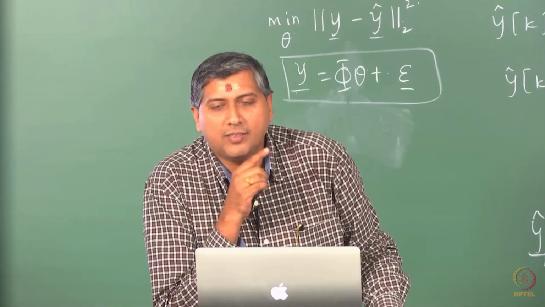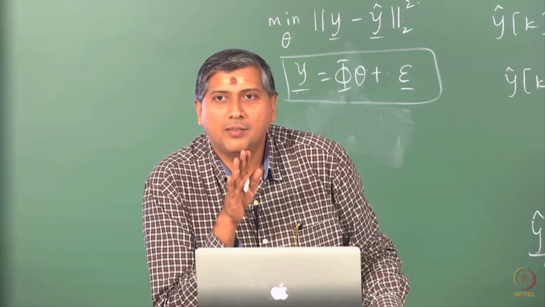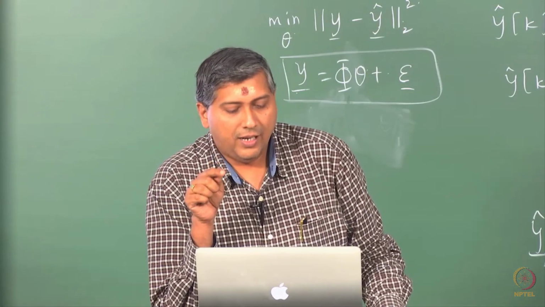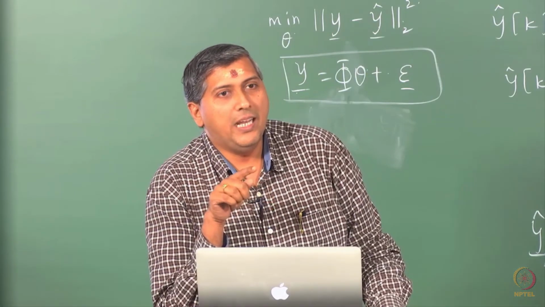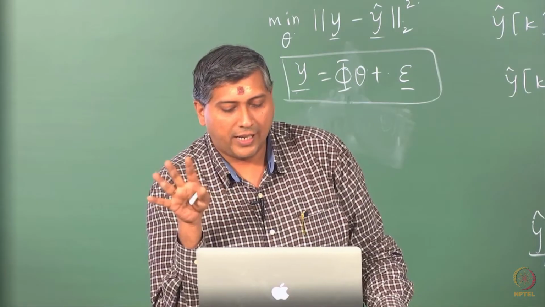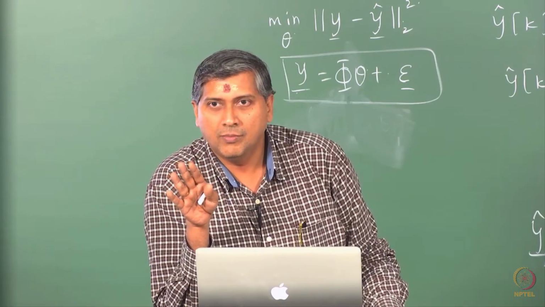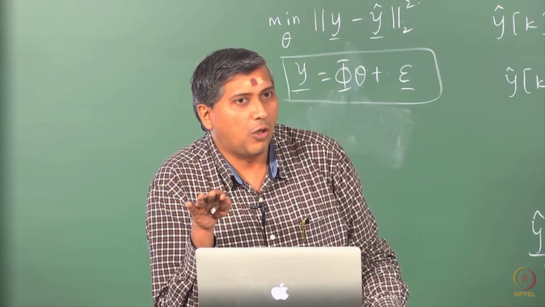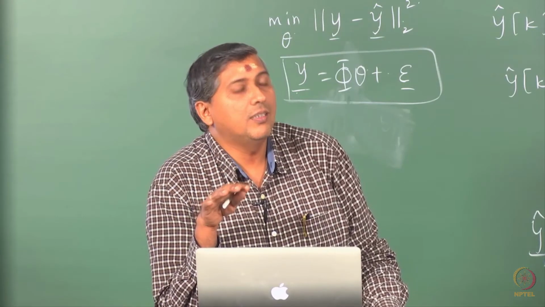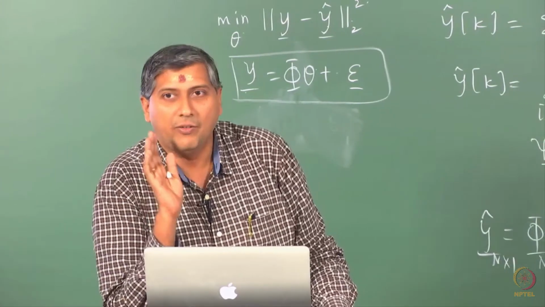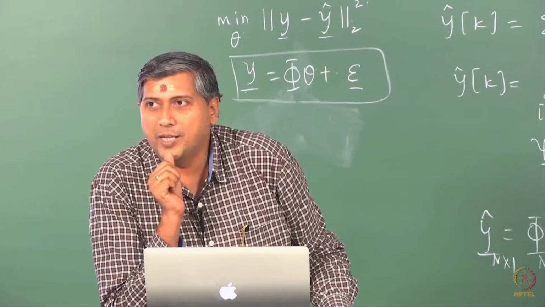See, you should understand that ultimately we are solving p linear equations. With least squares, those p linear equations happen to be the ones that I have written, phi transpose times (y minus phi theta) equals 0. Those are the p equations I am solving. All I want you to answer is, what if I had set p equations in the observation domain? Straight away, I could have randomly selected p observations.